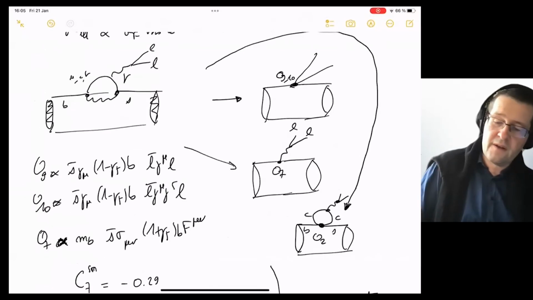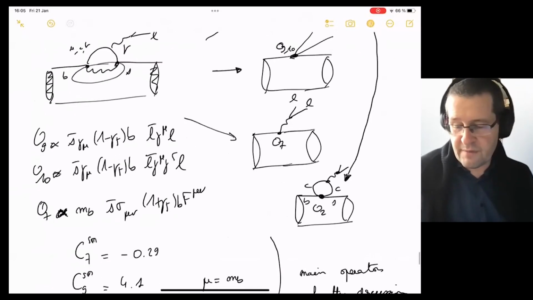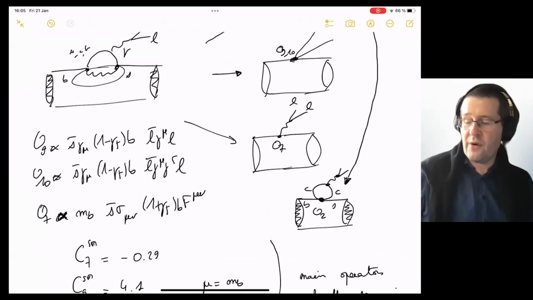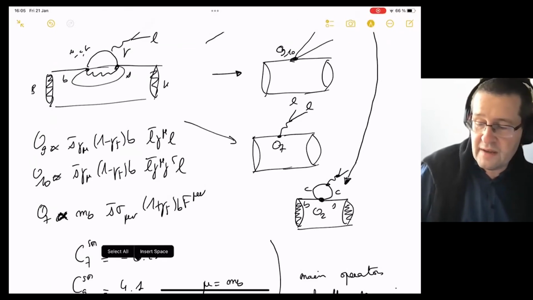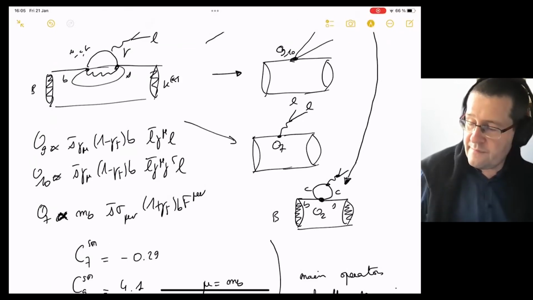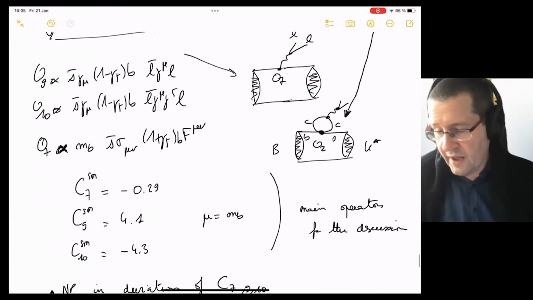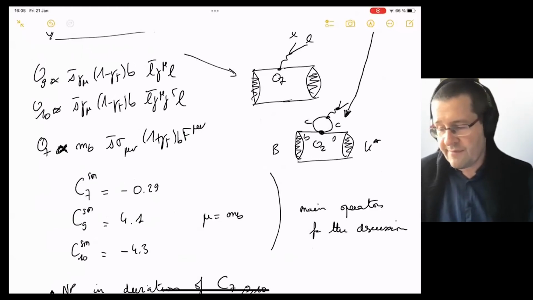So you just shrink this part of the diagram to a point, and this is something which is completely authorized from the point of view of the effective Hamiltonian. You're drawing a diagram with all the degrees of freedom that still have the ability to propagate.